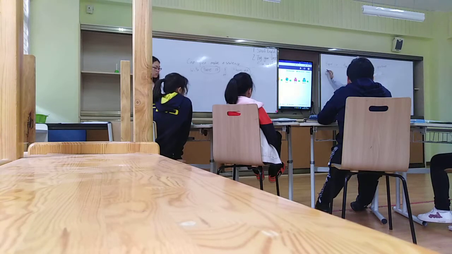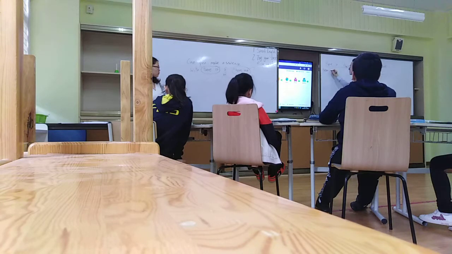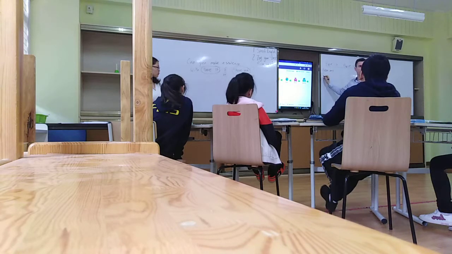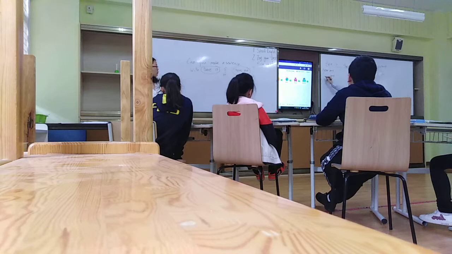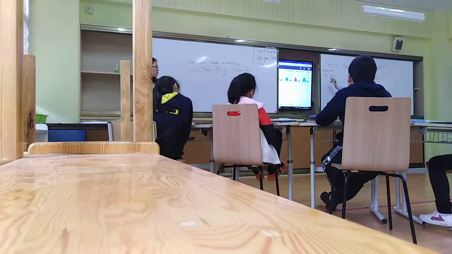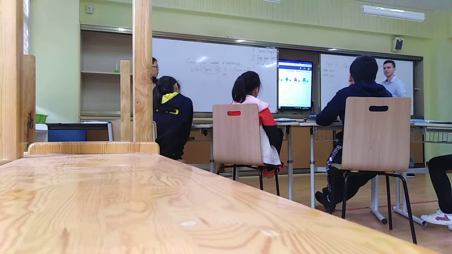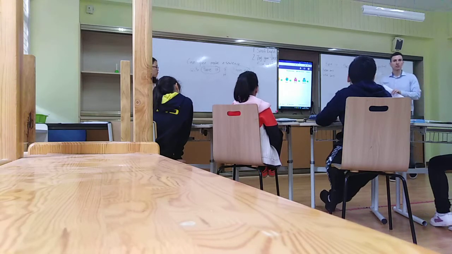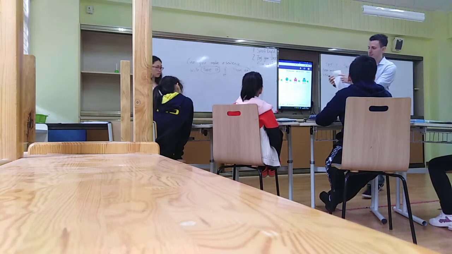Maybe why don't we do it this way? Green bus, to make it clear. Green bus, and then there is a what bus in picture 2? Red bus. So I want you to go through the picture and make a list. I'm going to give you a worksheet like this.